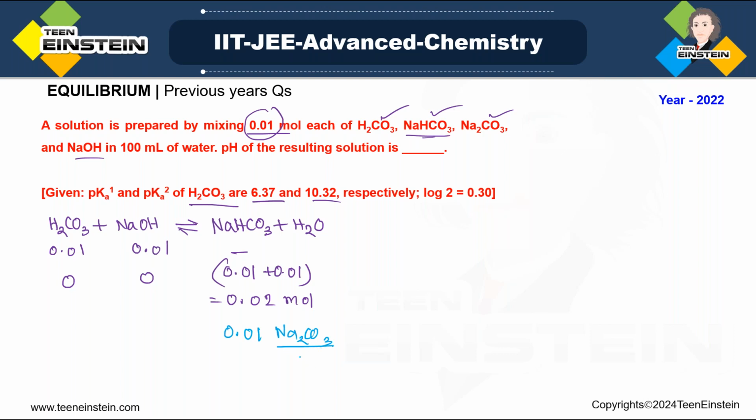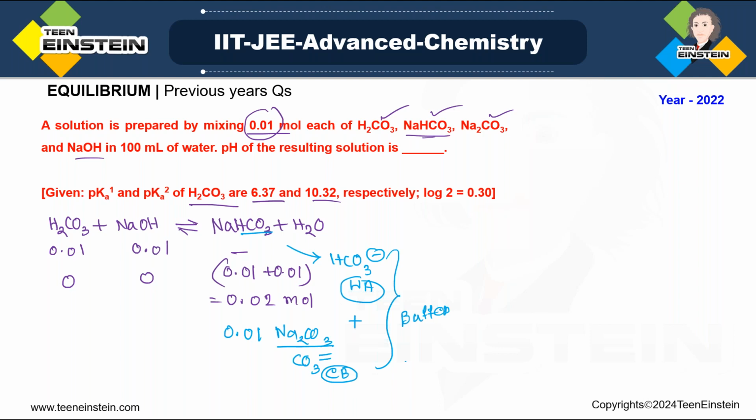Now Na2CO3 is nothing but CO3 2 minus, and NaHCO3 is nothing but HCO3 minus. So HCO3 minus, if you consider as a weak acid, this is the corresponding conjugate base or salt. So finally in the medium you have the mixture of Na2CO3 and HCO3. So these two together will make a buffer, isn't it?